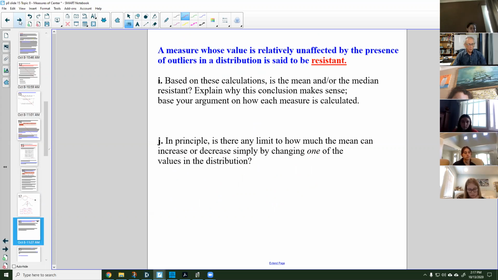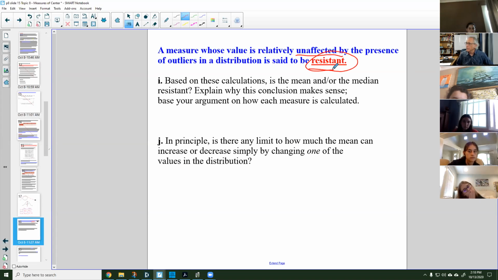Okay. So we have a term now: a measure whose value is relatively unaffected by the presence of outliers, we say it is resistant to outliers. Okay, so which is resistant to outliers, the mean or the median?